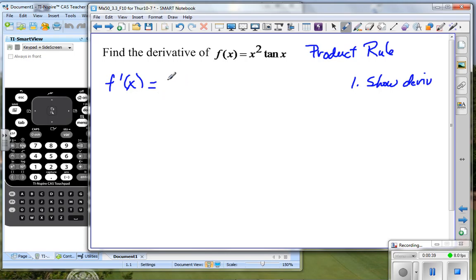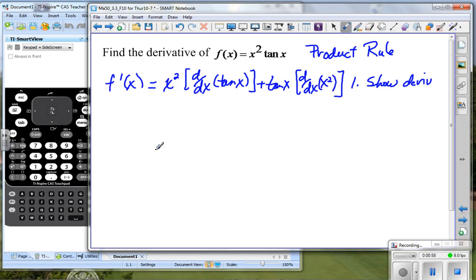In this case it would be the first factor times the derivative with respect to x of the second factor plus the second factor times the derivative with respect to x of the first factor. So this is the first step. Second step then is to actually take the derivatives. So we will at this point now take the derivative.